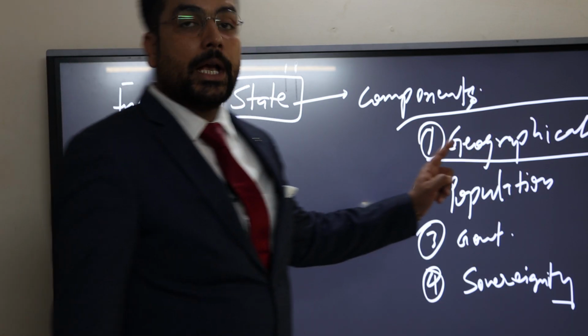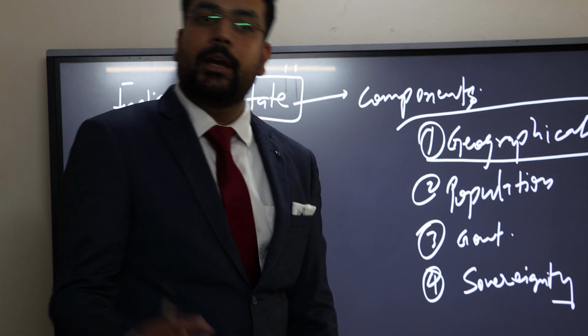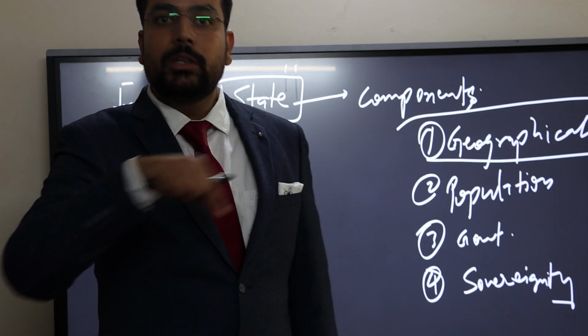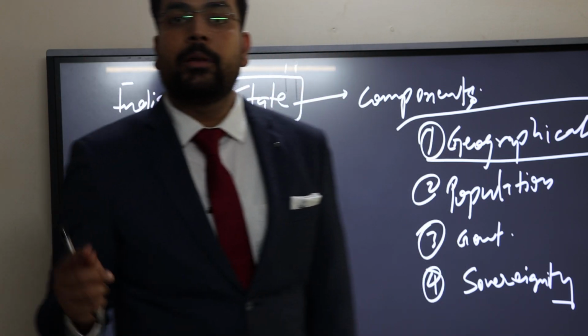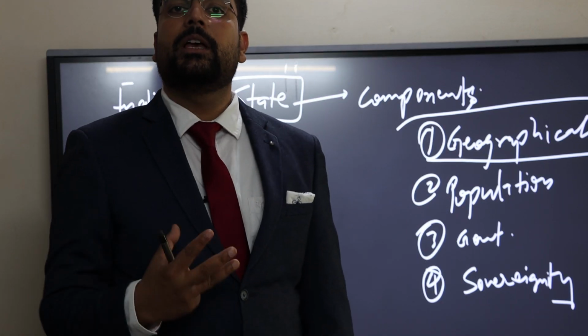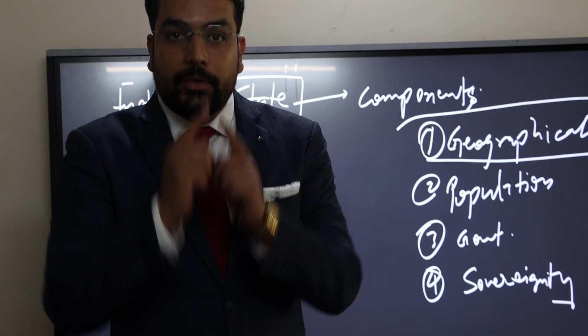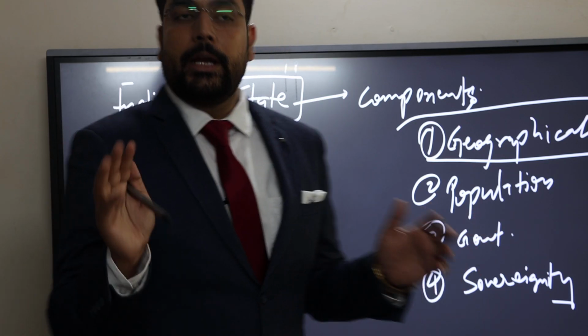Government could be elected or nominated to rule over or control the population living in that territory, and sovereignty is another concept that talks about the power of the government or the state to take its decisions without the intervention of other forces directly or indirectly.